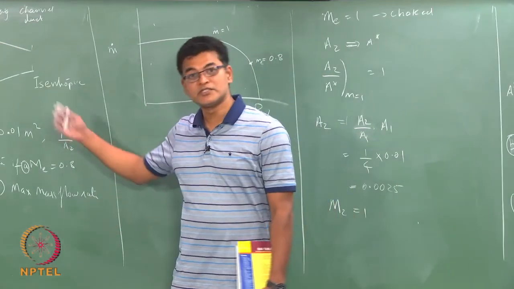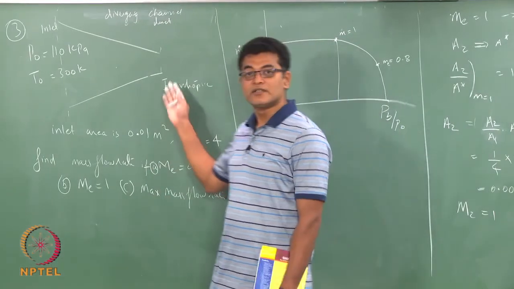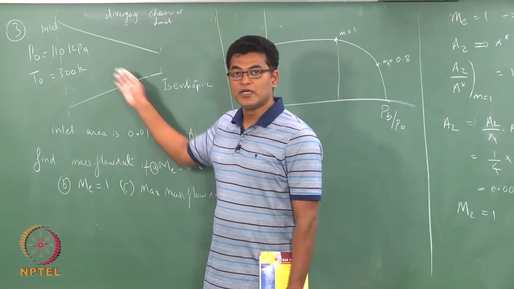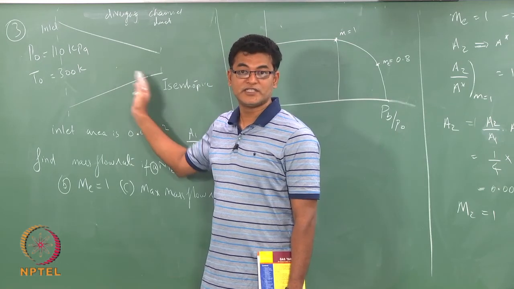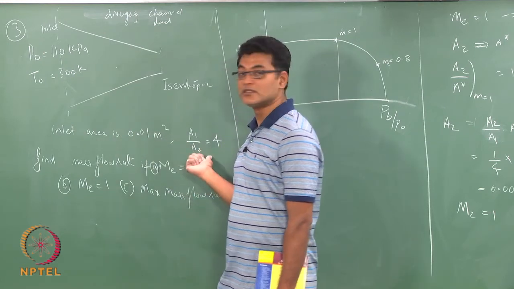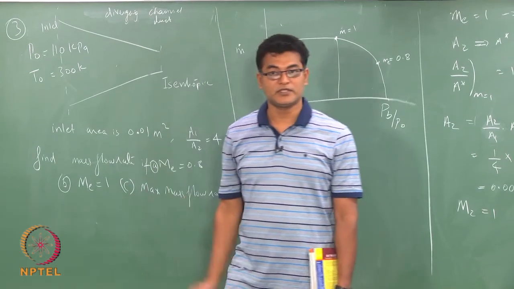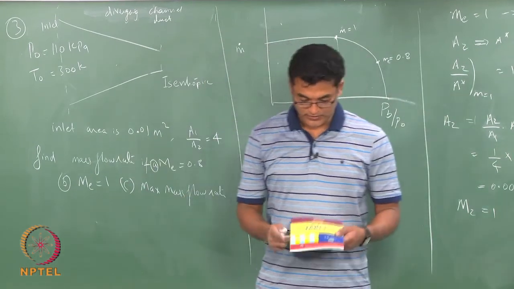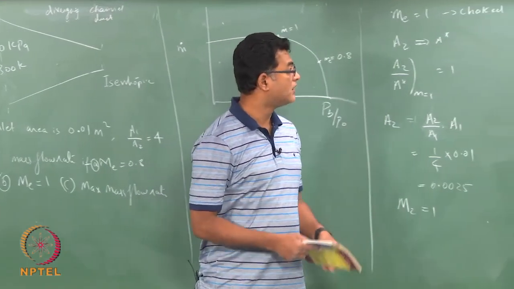So, with the same numbers, try doing this yourself, make a question yourself and put a P0, try to find what is the mass flow rate, how does the area change, how does the velocity change with the area change, and all those things. You can keep the area ratio same as this and design your own problem and do it. So, the important thing is to use gas tables to do all this.